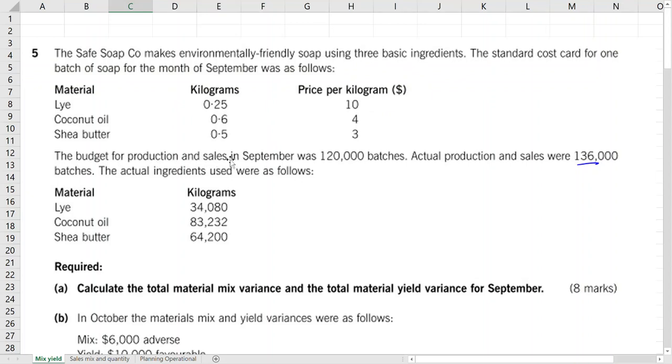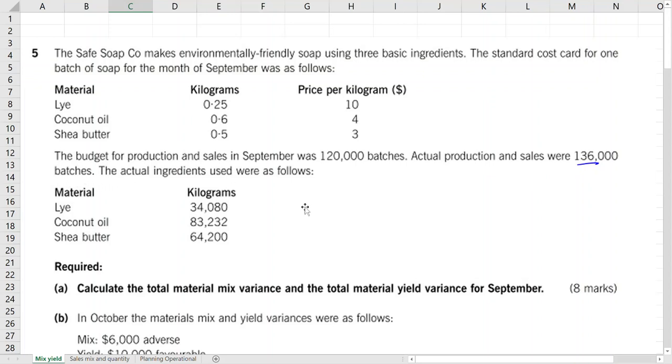The budgeted production and sales in September was 120,000, and actual production was 136,000. Remember, we don't care about budgeted production, we care about actual production. So cost comes on actual production. Yeah, when we are talking about sales, then we look at that variance. The sales variance we will do next.